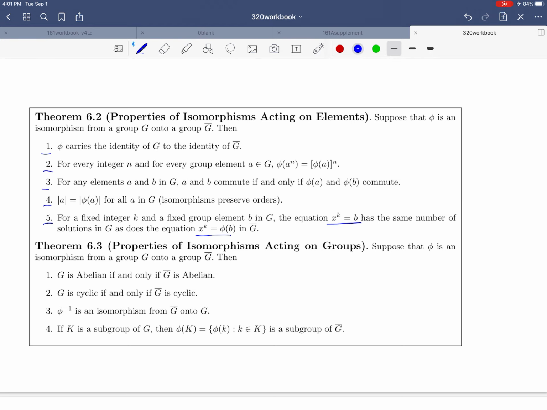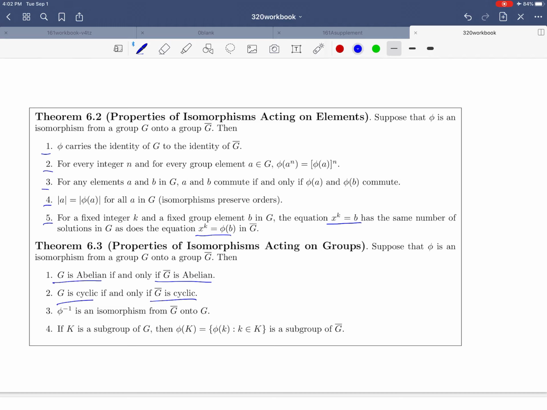So if you have, again, two groups that are isomorphic with isomorphism phi, then one group is abelian if and only if the other group is abelian. One group is cyclic if and only if the other group is cyclic.